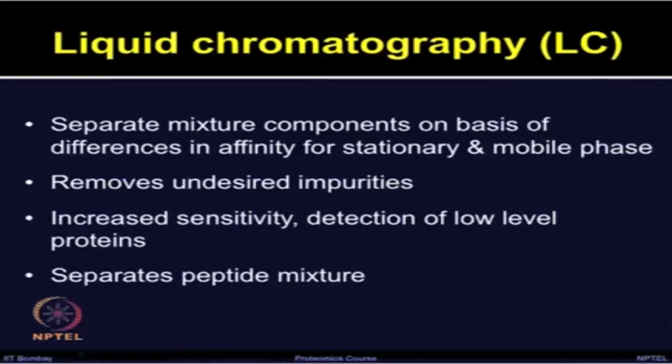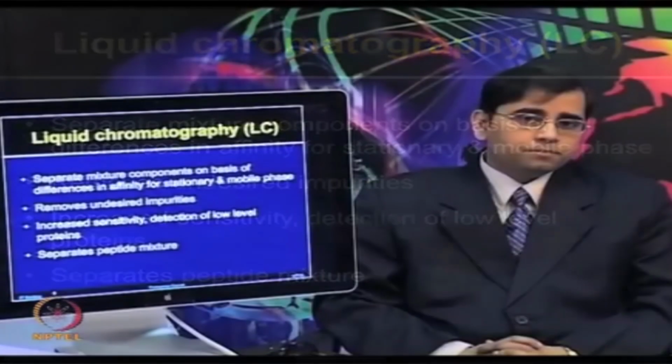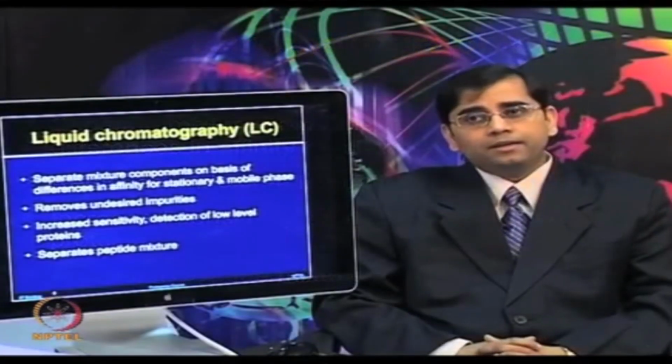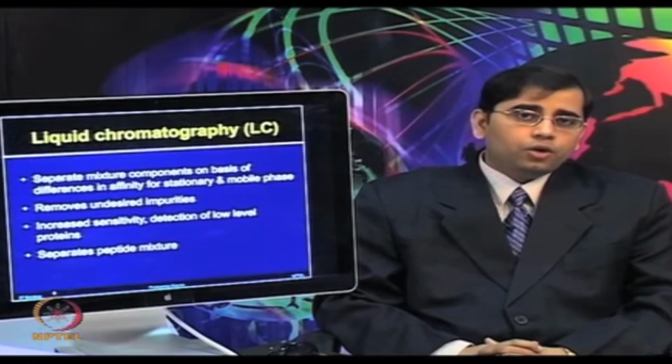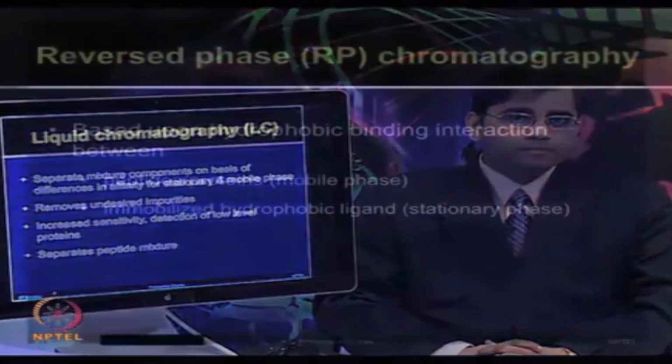LC along with further enrichment can help in the concentration of the diluted samples. It also helps in increased sensitivity, detection of low level proteins, and further it can separate peptide mixtures.